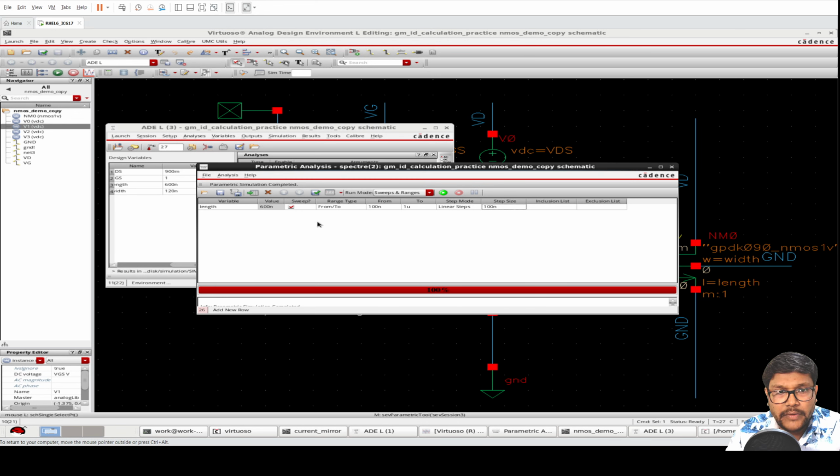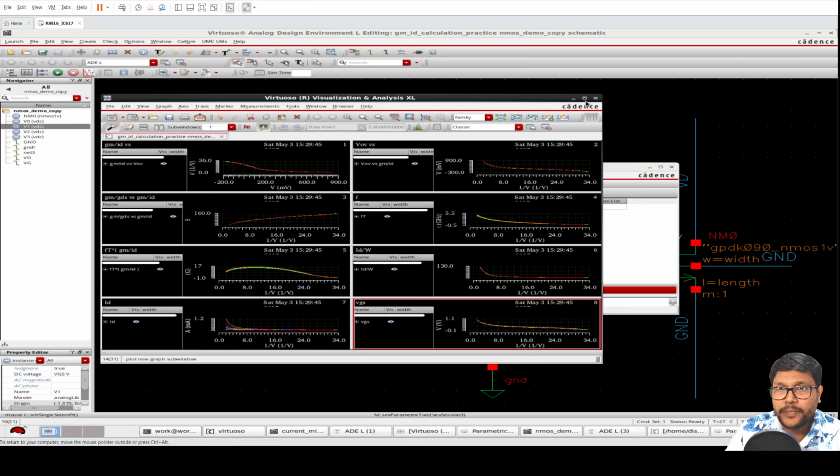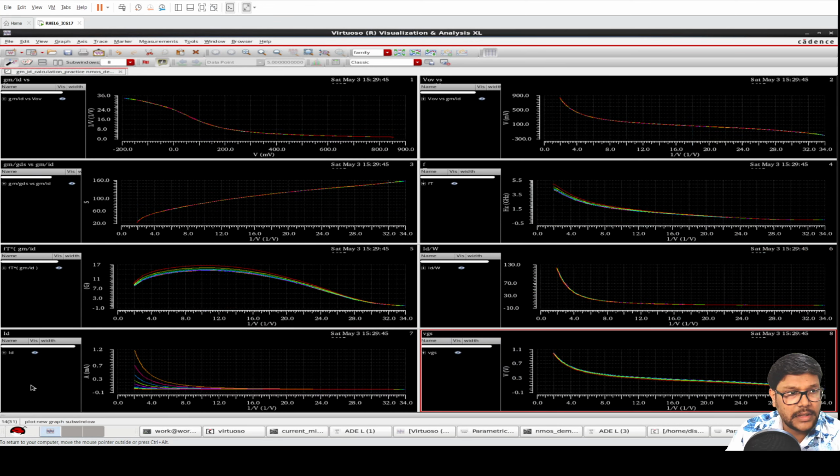Now I'll vary my width W. The minimum width is 120 nano, and I'll vary up to 10u maybe. Number of steps 10; I'll not make it linear, I'll make it auto. Okay, 10 steps. Let's see. We needed a frequency of 10 megahertz and a current of 5 micro. First I'll check the current.